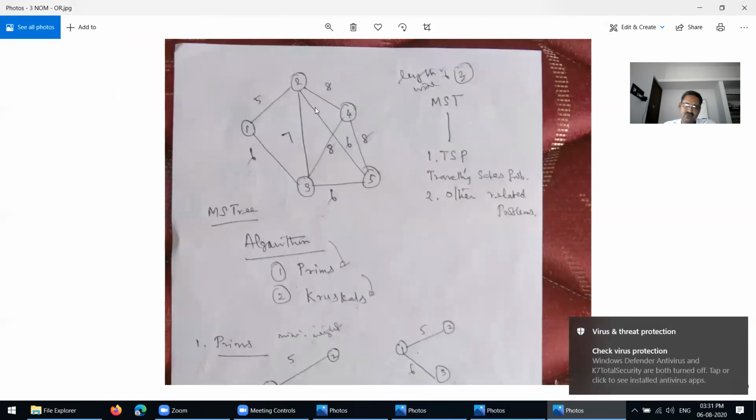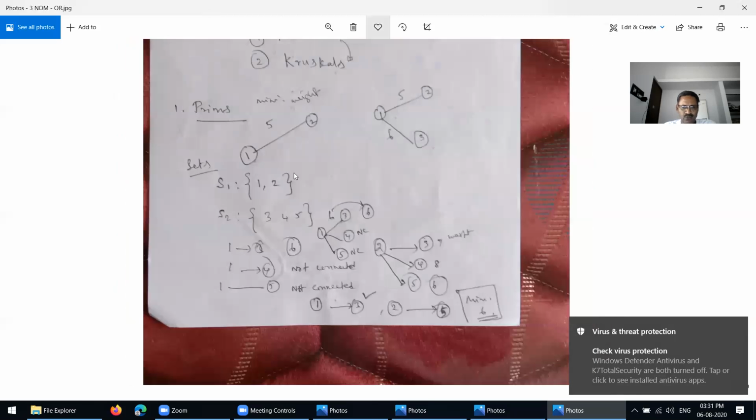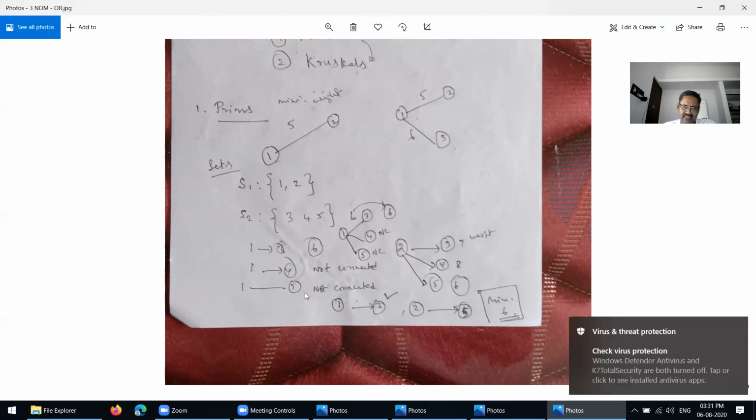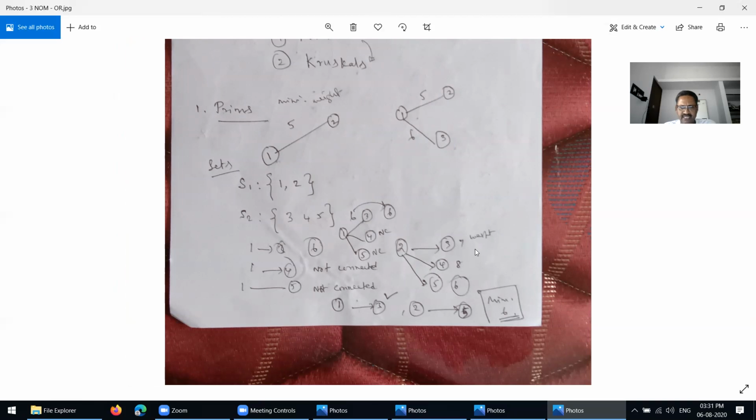See here now. 1 to 3 has 6, 1 to 4 is not connected, and 1 to 5 is not connected. Similarly, 2 to 3, 2 to 4 and 2 to 5 are 7, 8, 6. What is the minimum value here? 6.